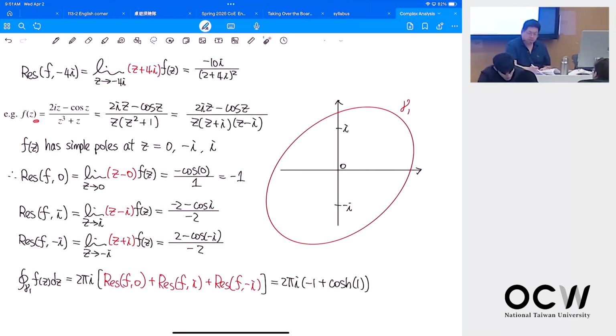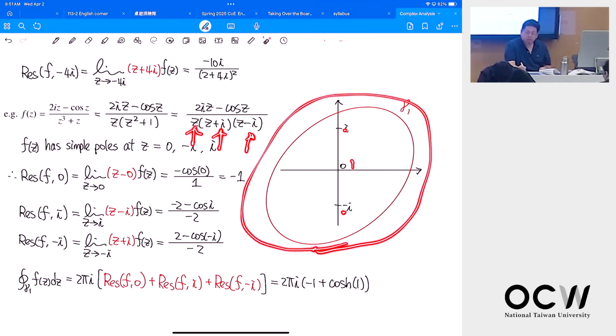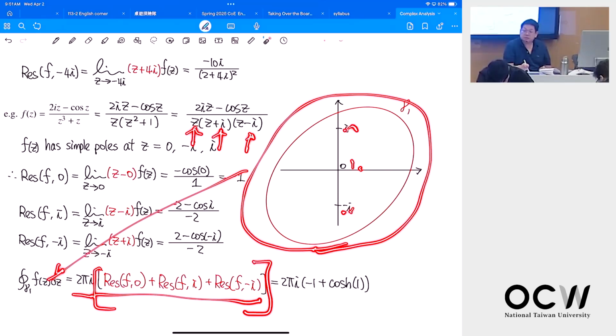First, for the numerator, it is analytic everywhere. But the denominator is zero at 0, minus i, and i. These 3 points, and my curve includes these 3 points. So this circular integration will be 2 pi i times the summation of those 3 residues.